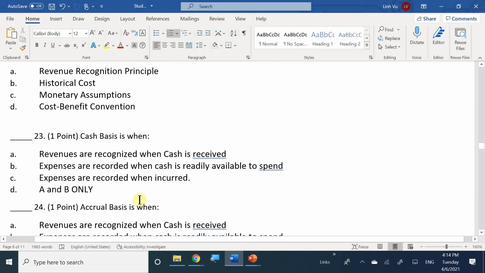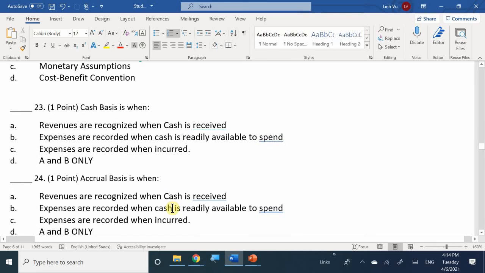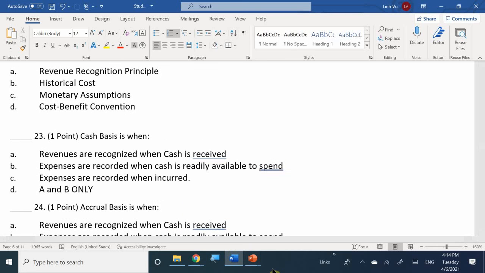All right, number 23, cash basis is when... A, revenues are recognized when cash is received. Okay, that's correct. Let's see B, expenses are recognized when cash is readily available to spend. So B seems to be the correct answer too.